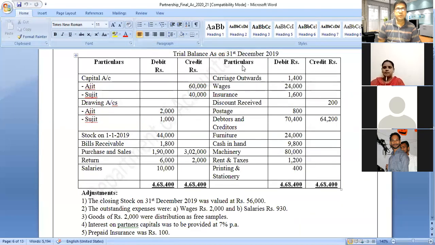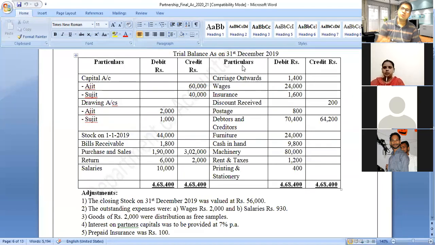First effect we have to give trading account credit side, goods distributed as a free sample 2000. And second effect, free sample is a loss. Free sample, there is no income, freely distributed.